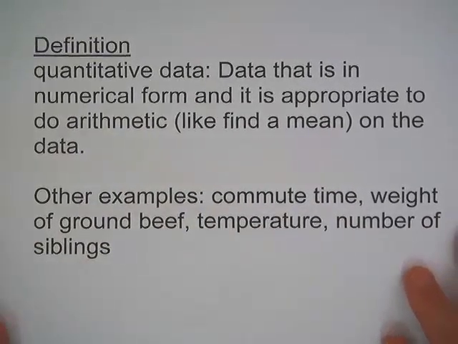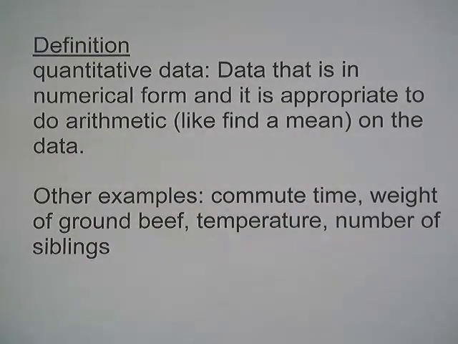Now, quantitative data is data that is in numerical form, and it is appropriate to do arithmetic, like find a mean, on the data. If we think again about the hockey example, age, height, and weight would all be considered quantitative variables that would produce quantitative data. It makes sense to take the average age of these players, or to find the average height or the average weight.